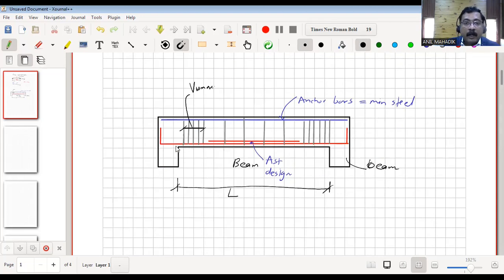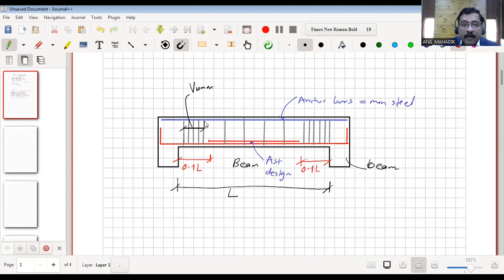For example, if you see the main steel here, the curtailment is done over here. What is the distance of the curtailment? This distance is 0.1 L till this. Similarly here, we have 0.1 L. So this is the detailing for the reinforcement.